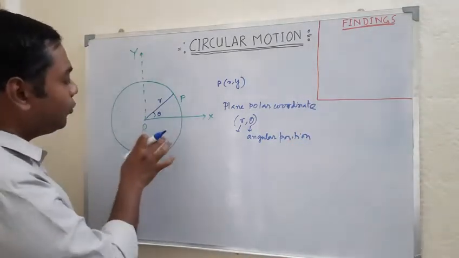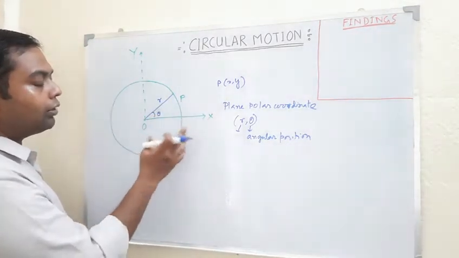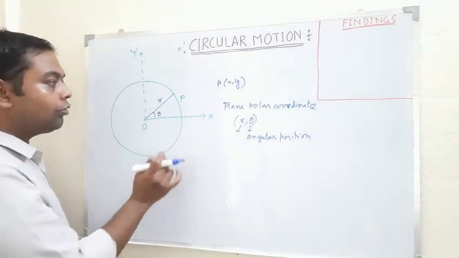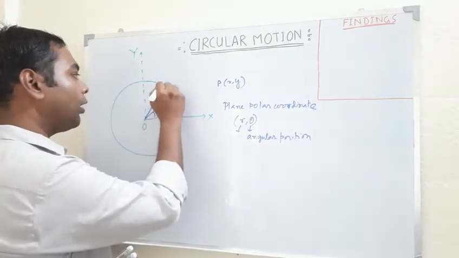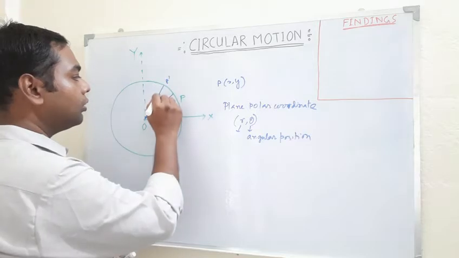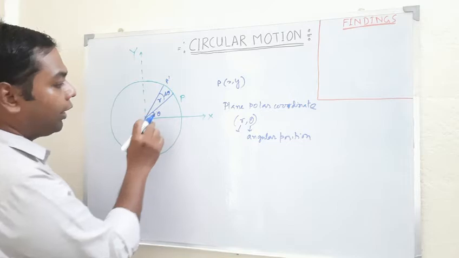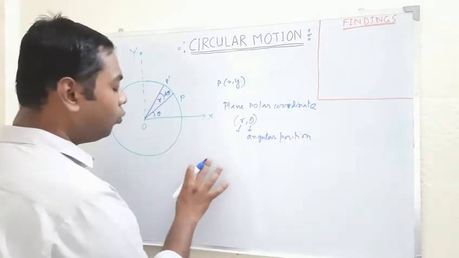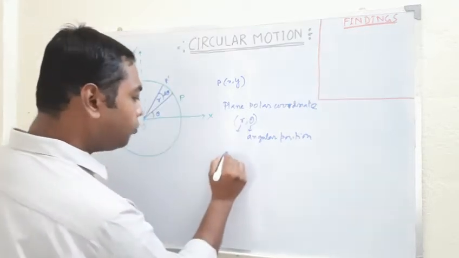Now suppose we know that the particle is at P at time t. Now the particle moves to P prime at time delta t and makes an increase of angle delta theta. Now what is the rate of change of angular position with respect to time?